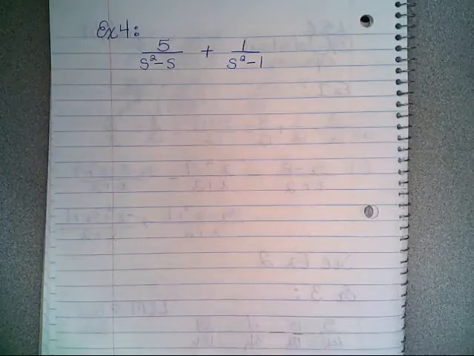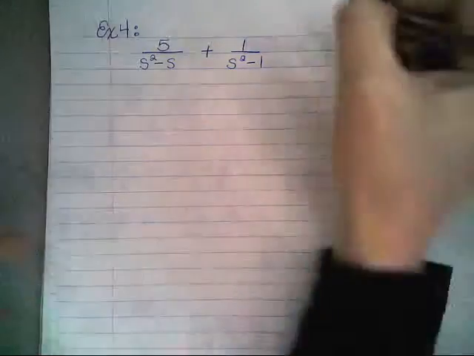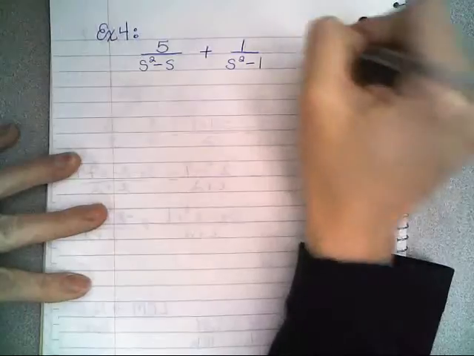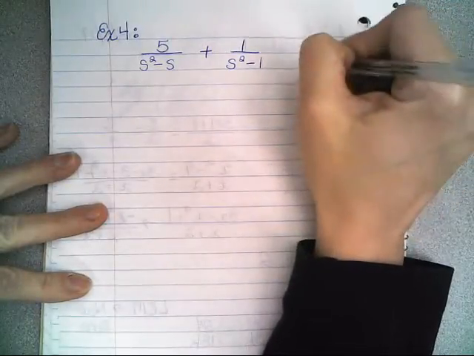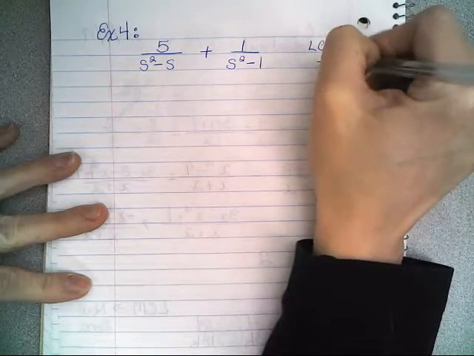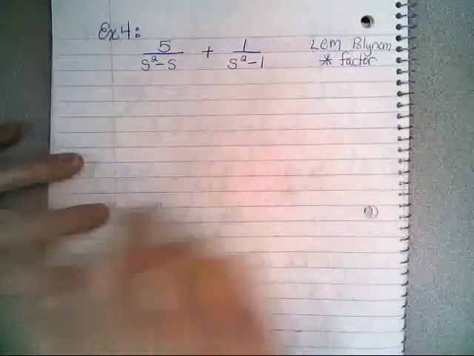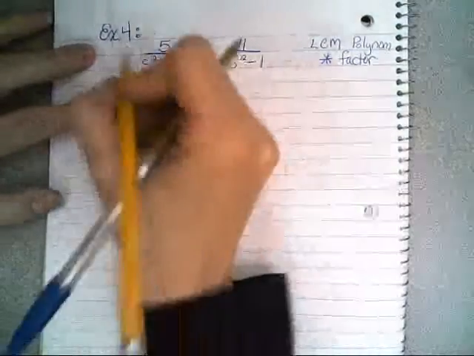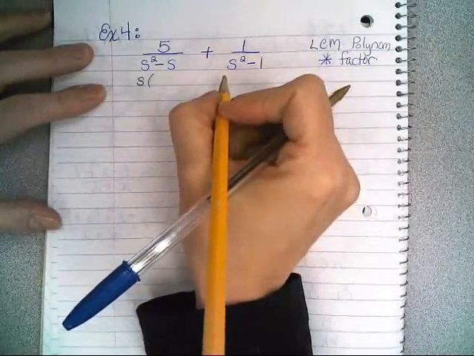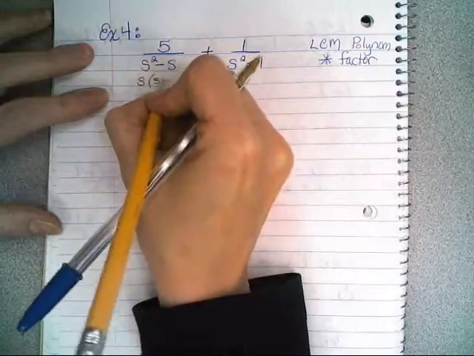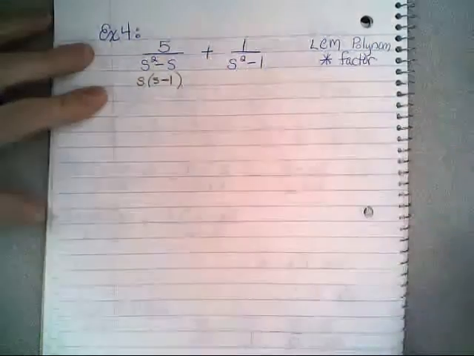How in the world do you do that? Okay, to find the least common multiple of polynomials, you need to factor them. Okay, so this one is s times s minus 1. You're going to need a lot of paper for these.